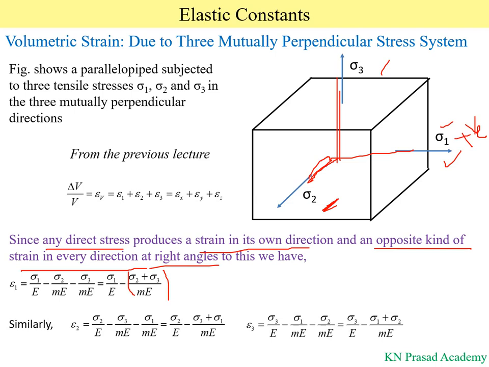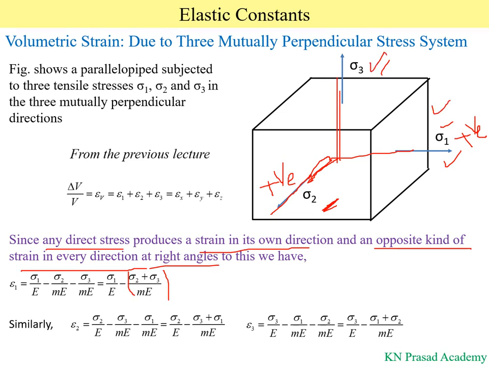Similarly, epsilon 2 and epsilon 3 in the sigma 2 and sigma 3 directions. Epsilon 2 equals sigma 2 divided by E, which means direct strain. The nature of the stress is tensile, so elongation takes place, and in the remaining directions, sigma 3 and sigma 1, contraction takes place.